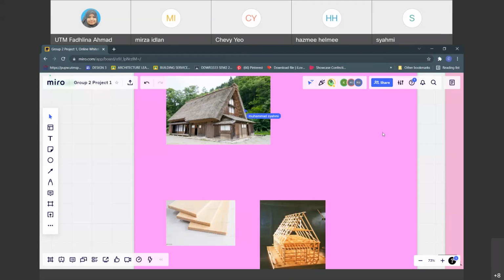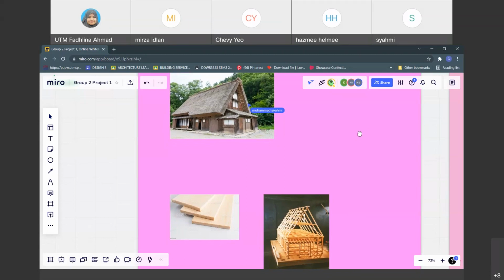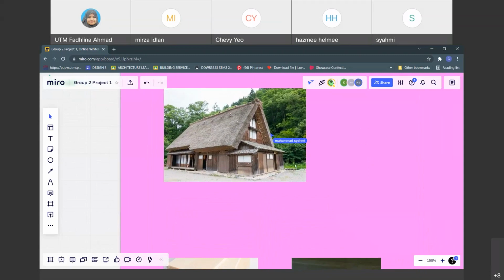So it's okay, you already have your material with you. And perhaps for the roofing, what kind of materials are you going to use later? Can you get the materials? Cardboard would be okay.